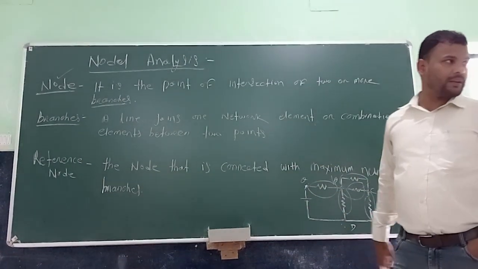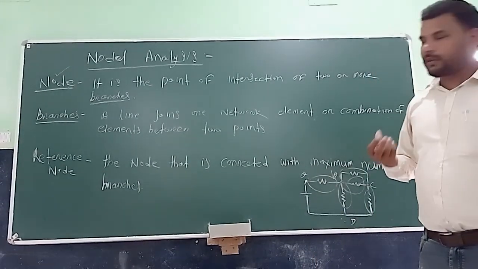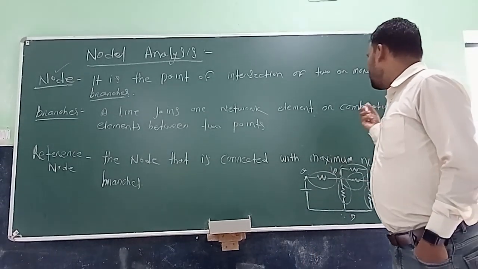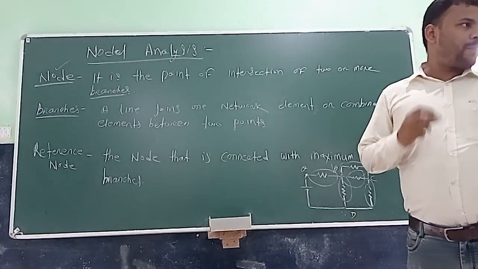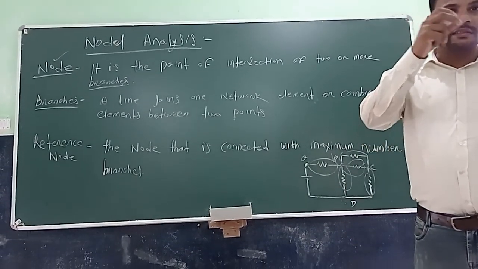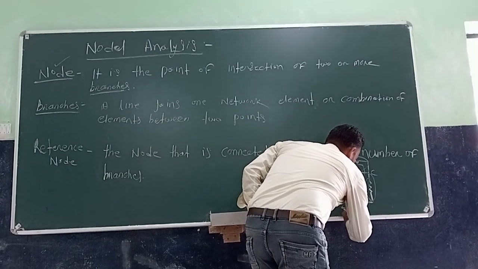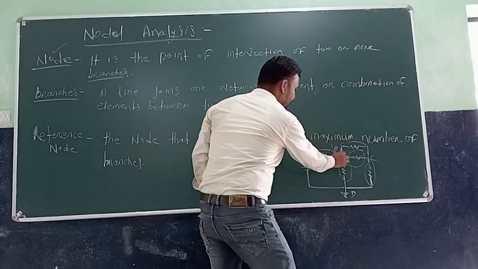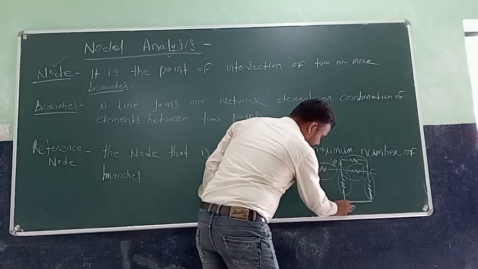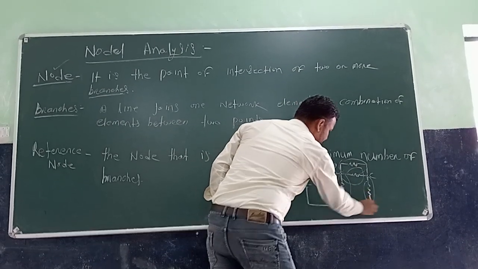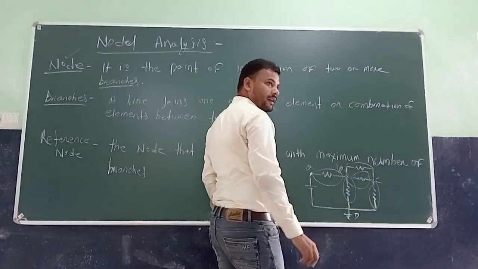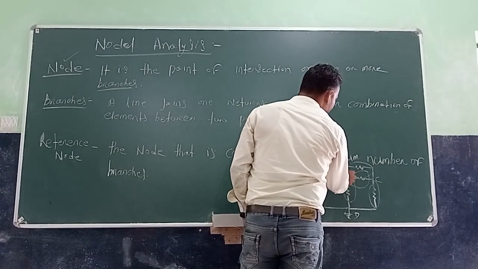Then a reference node. We should take the node which is a point where maximum branches are connected. Here maximum branches are connected, so this is the reference node. Here 1, 2, 3 branches are connected. Here 1, 2, 3, 4.